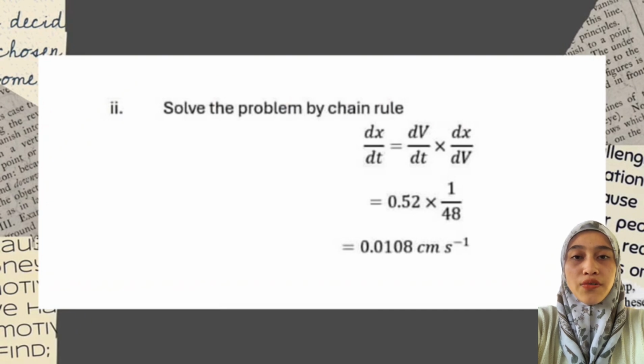So our value of dV over dt is equal to 0.52, and before we already found the value of dV over dx, but our formula is dx over dV, so we need to change into 1 over 48. So 0.52 times 1 over 48, we will get the final answer, which is 0.0108 cm s⁻¹.